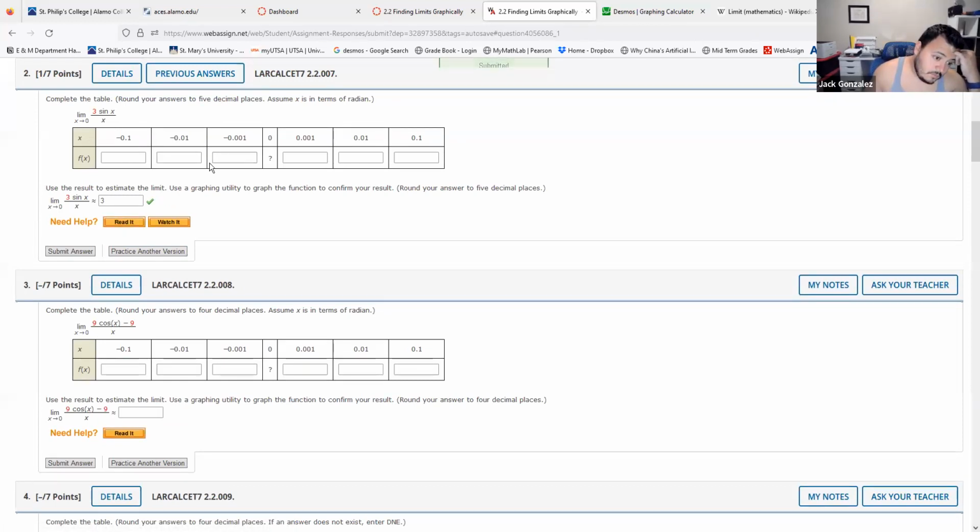Okay. For number 2, there is a definition in the book. The limit of sine x over x as x approaches 0 will always equal 1. That is proven in the book using something called the squeeze theorem, or sandwich theorem.